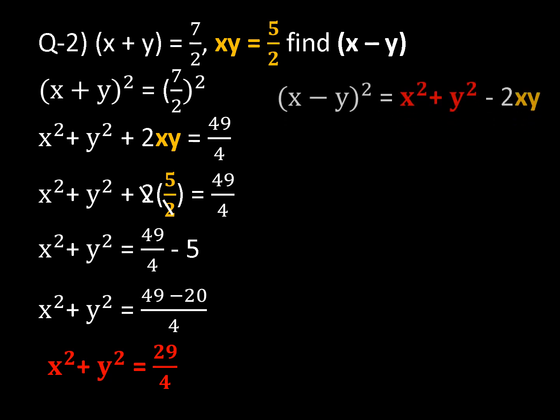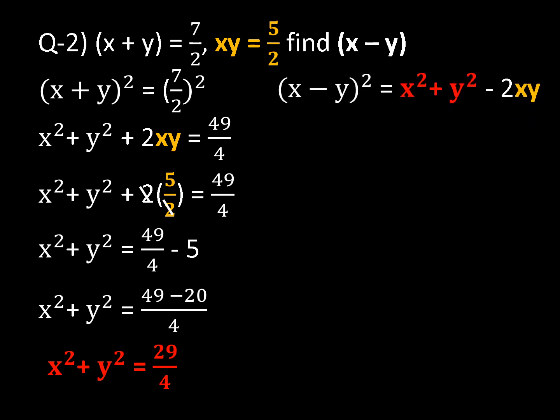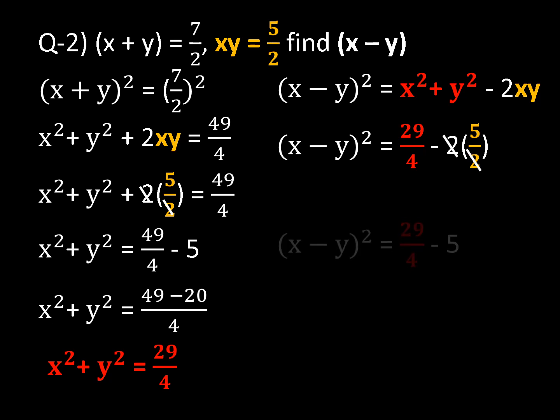Now we will square what we have to find, that is x minus y whole square. The formula is x square plus y square minus 2xy. Now we will substitute the value of x square plus y square as well as xy. That will give us x minus y whole square equal to 29 by 4 minus 2 into 5 by 2. 2 and 2 get cancelled.